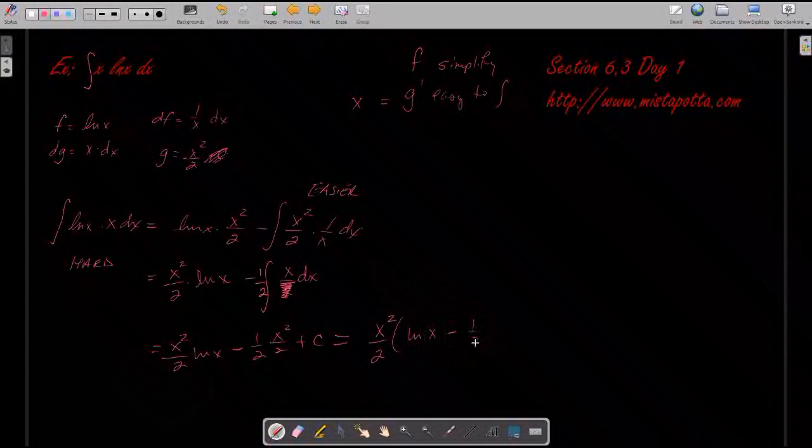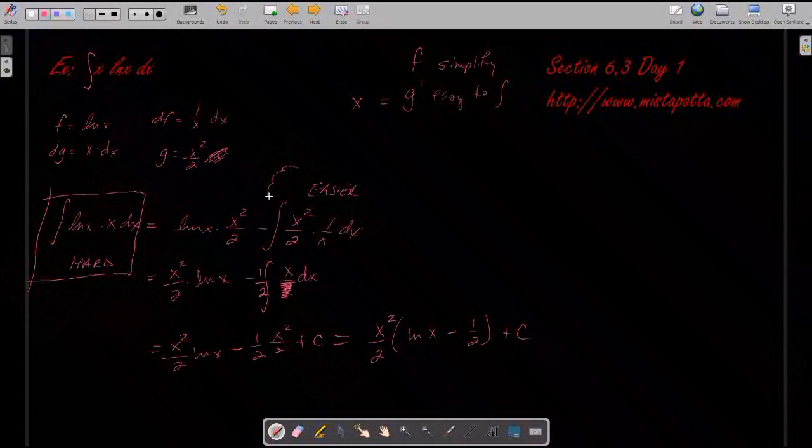So what we're doing here is rewriting our integral from something that's hard to something that's a lot easier to work with. That's the power of this integration by parts technique.